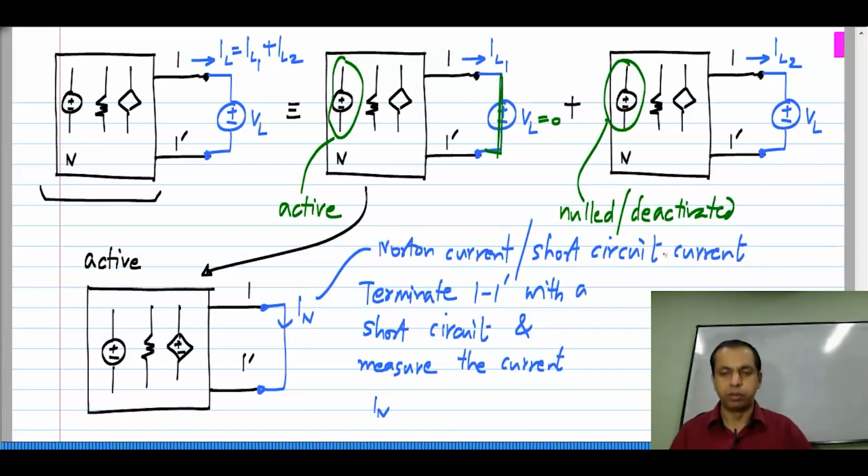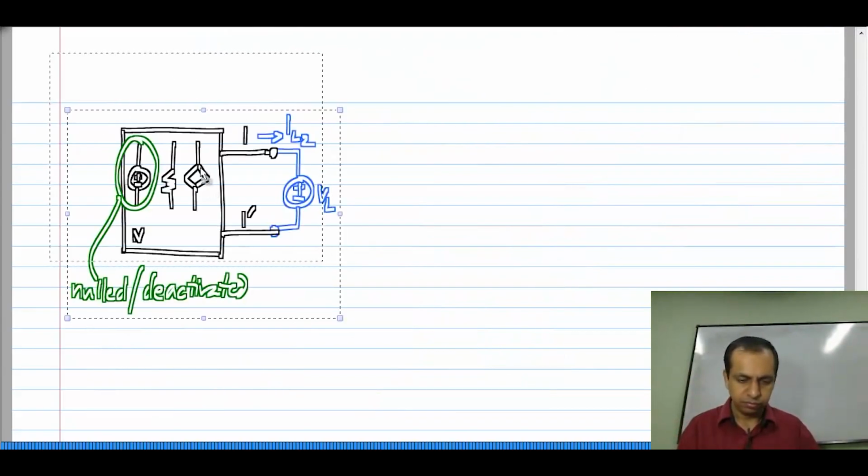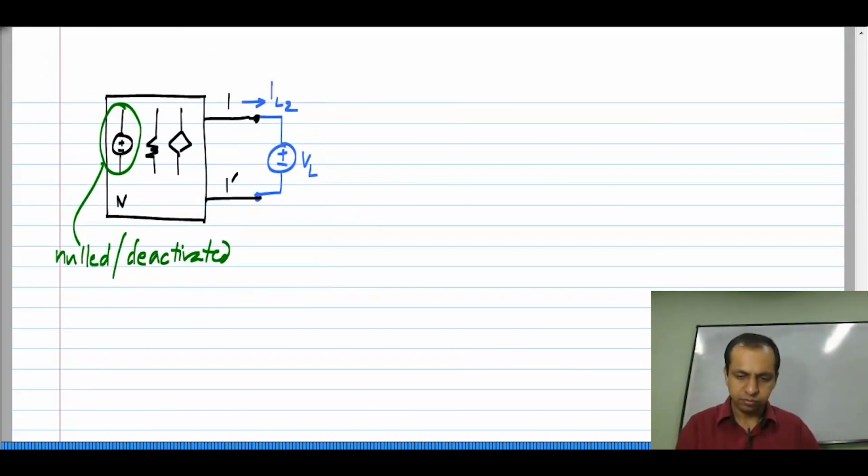And let me look at the second case, where all the internal independent sources are nulled.